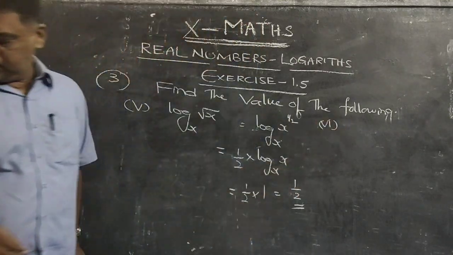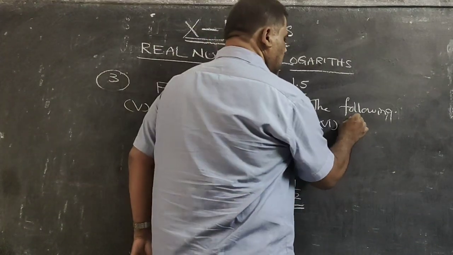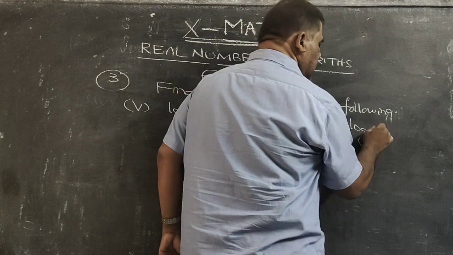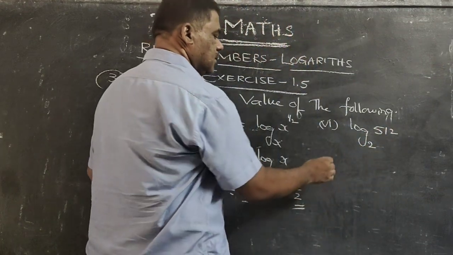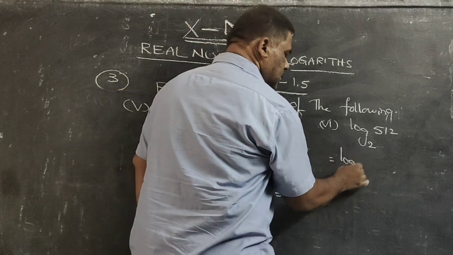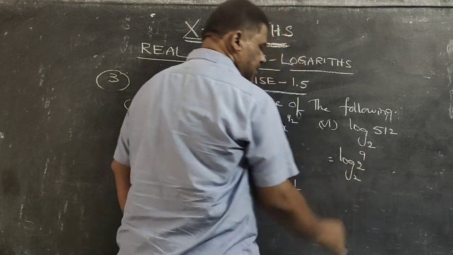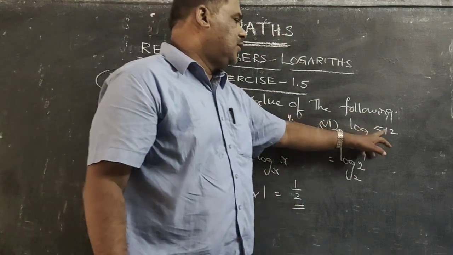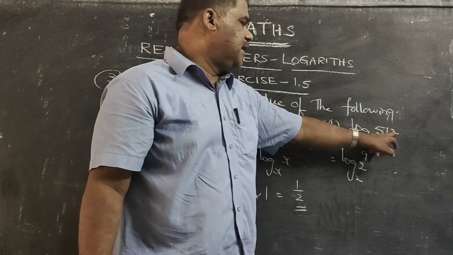Sixth one, logarithm of 512 base 2. This 512 is nothing but 2 to the power 9. 2 into 2 into 2, if you multiply 9 times, it is 512.